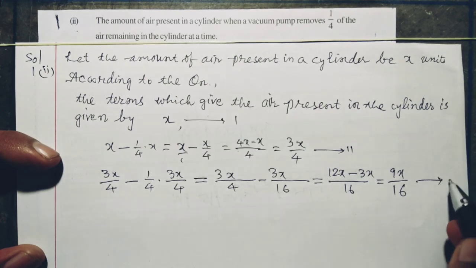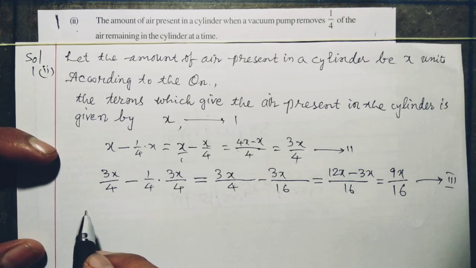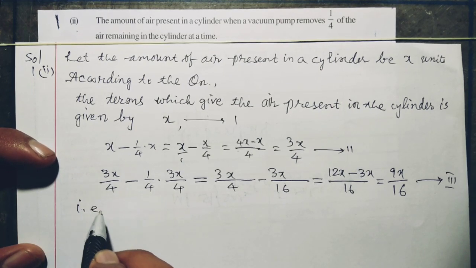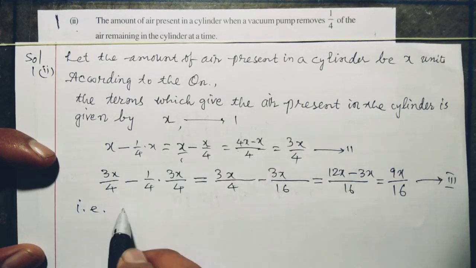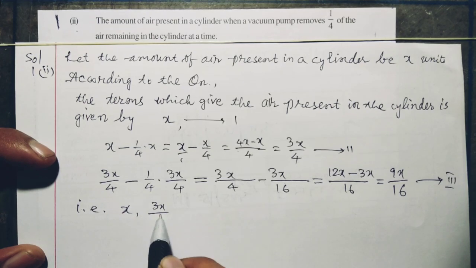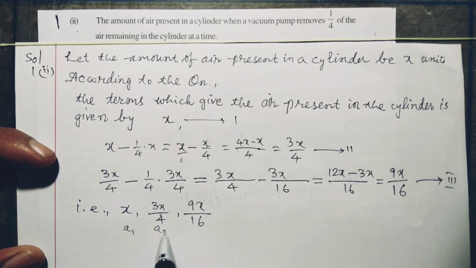This is third term. Basing these three terms, we can identify is this arithmetic progression or not. The terms are x, 3x by 4, 9x by 16, A1, A2, A3.